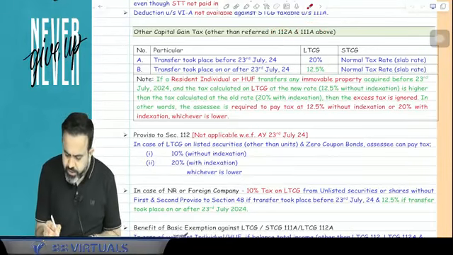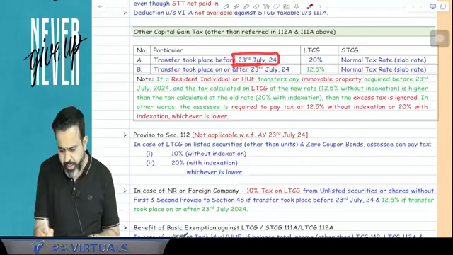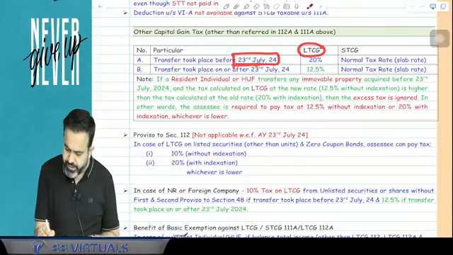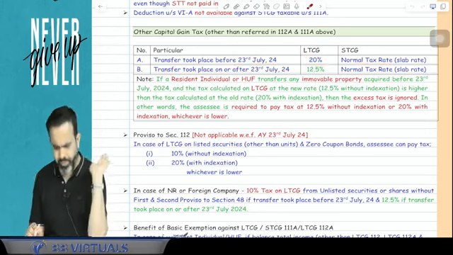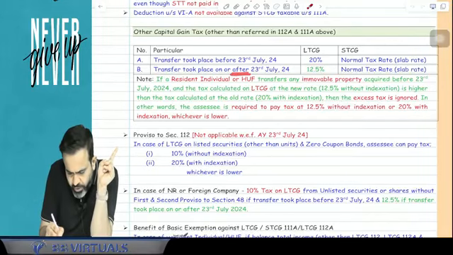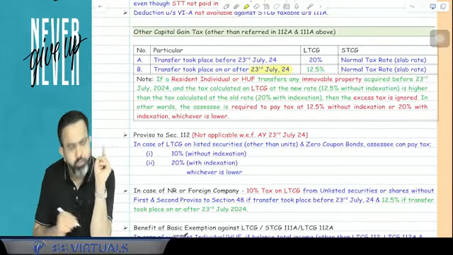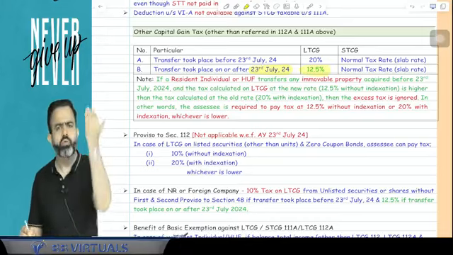If transfer took place before 23rd of July 2024, and there is a long-term capital gain, that is taxable at the rate of 20%, and short-term capital gain is taxable as per the slab rate. But if transfer took place on or after 23rd of July 2024, then on the long-term capital gain, your tax rate is 12.5%.